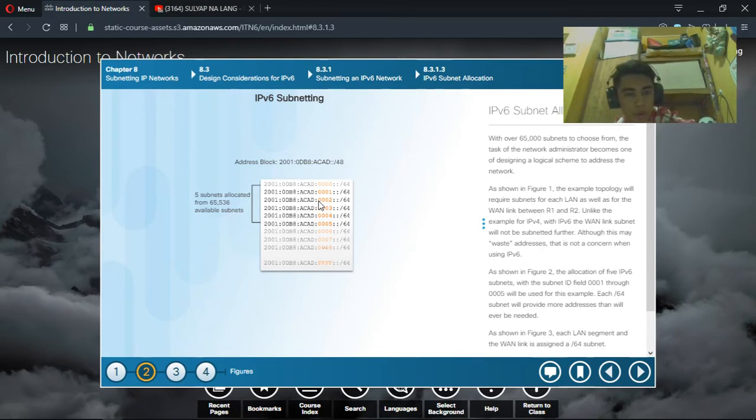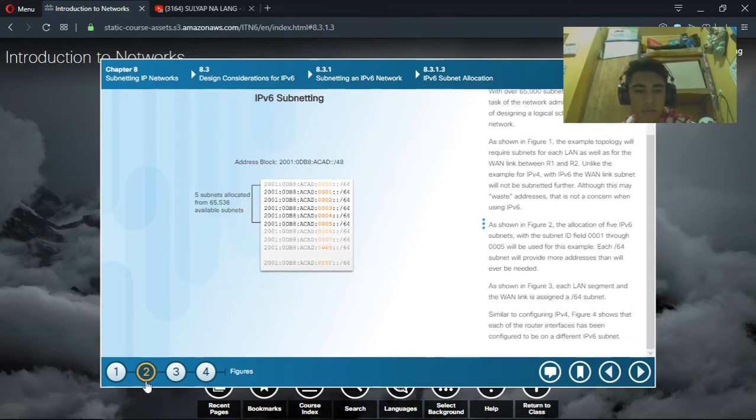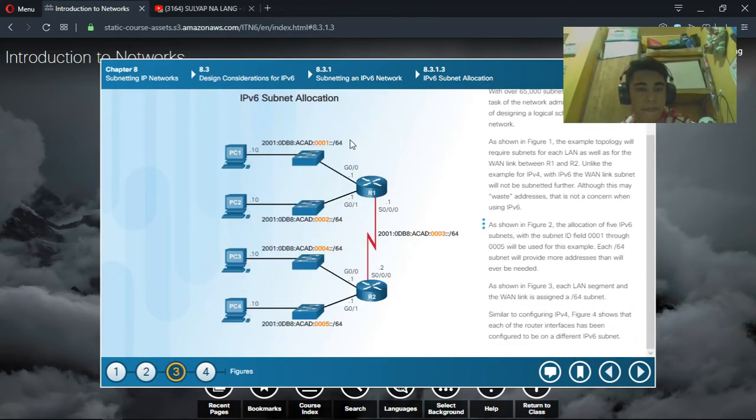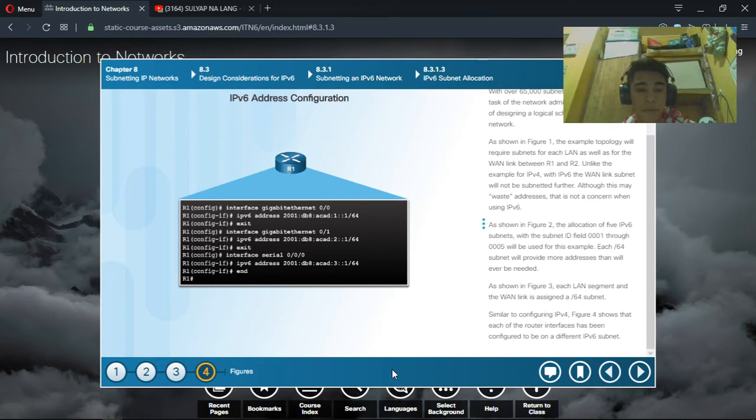So up to 0005, 64 available subnets. Then they can be divided: 0001, 0002, 0004, 0003, and 0005 for all of the networks.